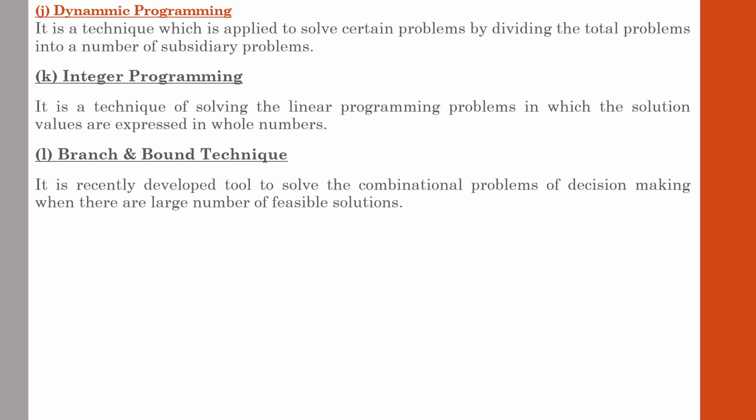All these are examples of combinational problems because all these problems can be solved with a number of feasible solutions. So your duty is to select the best solution that suits the situation.